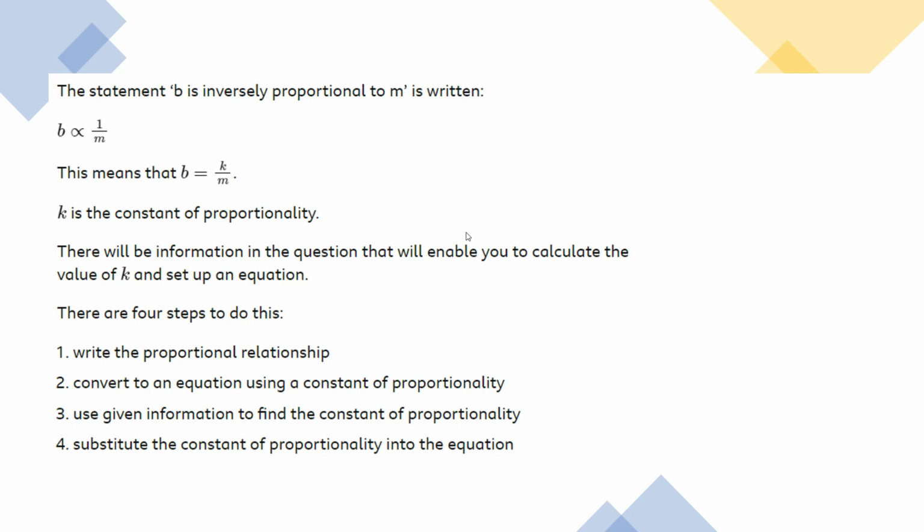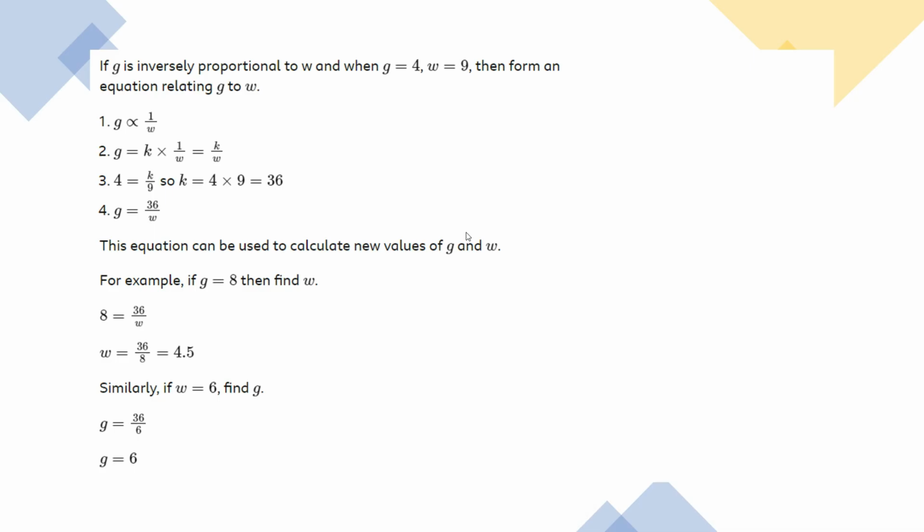Okay, so it will turn out to be B equals K over M. Okay, and that is what is called inverse proportion. Okay, now let's move on.